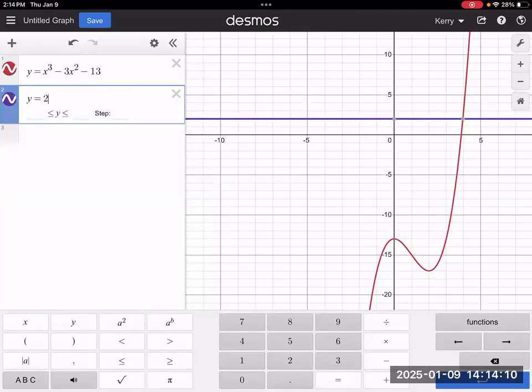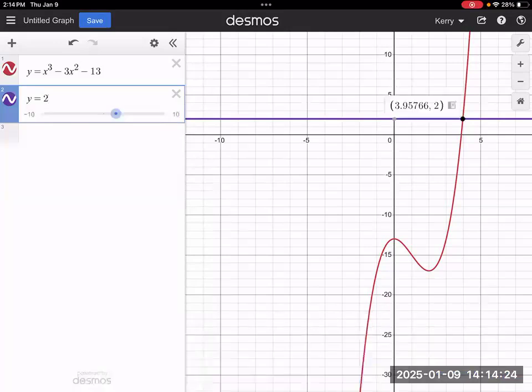Now, what do you notice just popped up on your screen? Well, we can see a very nice purple horizontal line, Y is equal to 2. And what is it doing to our graph in red? Well, it looks like it's intersecting your graph at a particular X value. So that Y value that we have mapped is now touching our graph at 3.96.